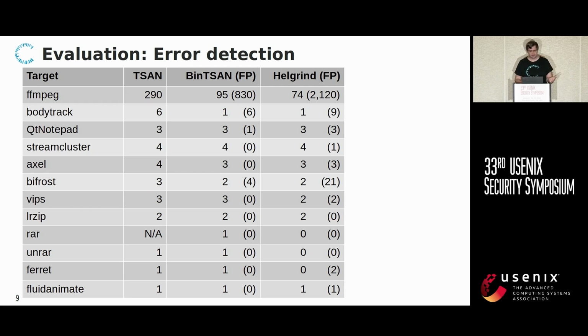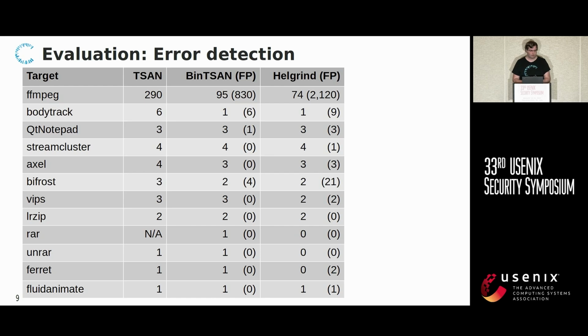As the source-based sanitizer is our gold standard here, we see it as our ground truth in this experiment. So every data race that is found by the other tools that matches a data race found by source-based TSAN, we consider a true positive, and anything else that is found, we consider a false positive.